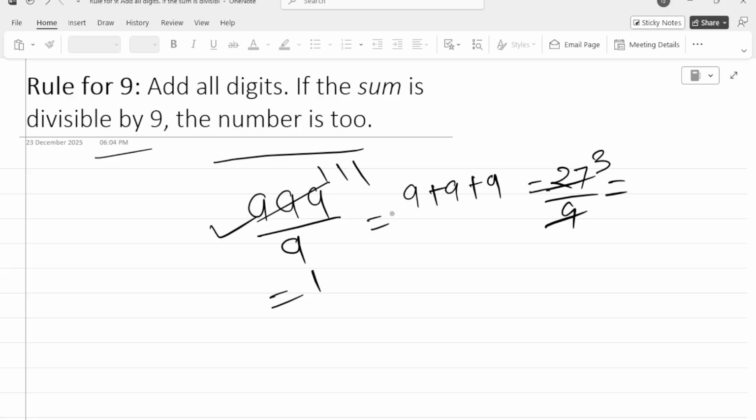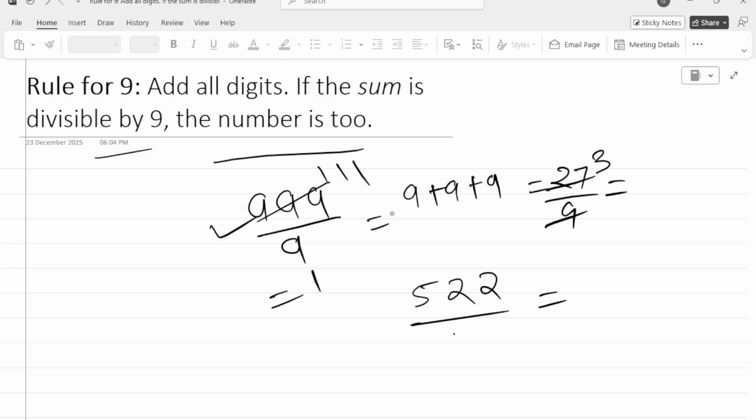Take another example, 522. Now look at this example for the divisibility rule.